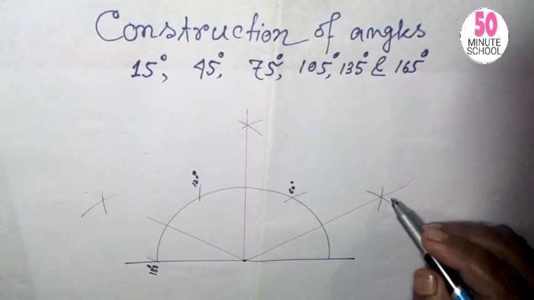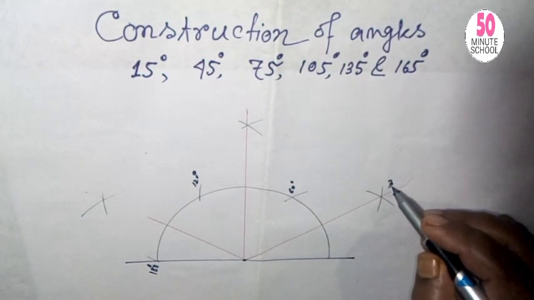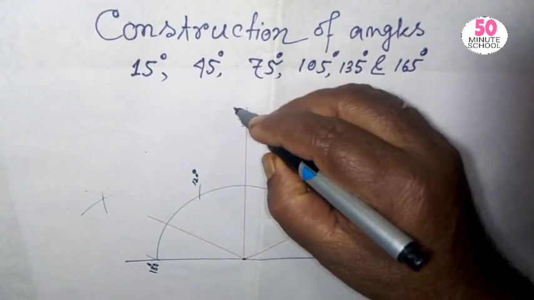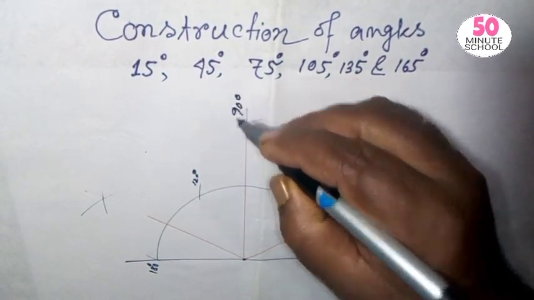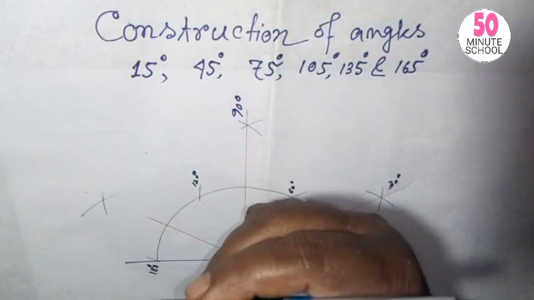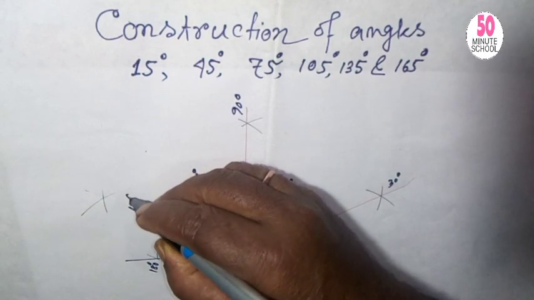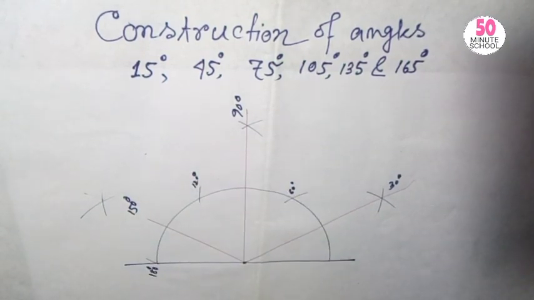This point is called the 30-degree angle, this point is called the 90-degree angle, this point is called the 150-degree angle.